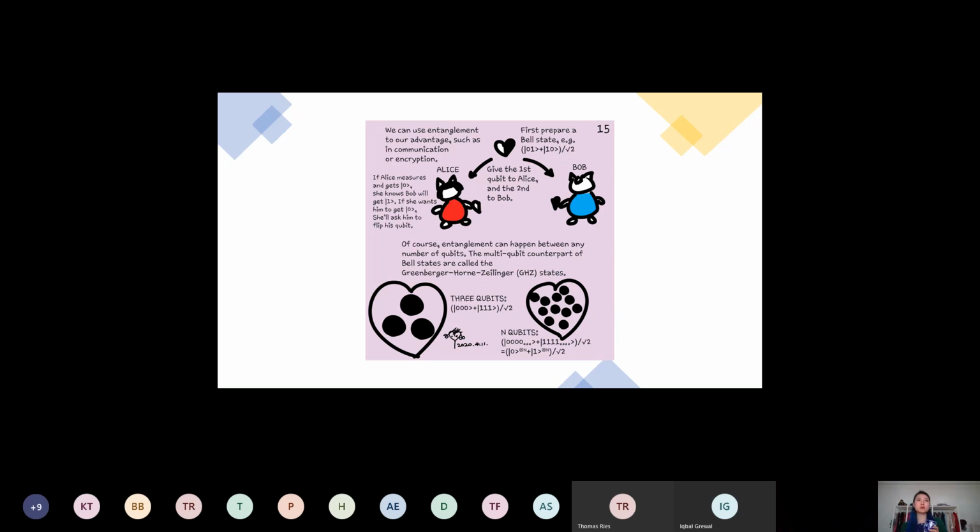If she gets 0, in this case, she knows Bob will get 1. And if she wants Bob to get 0, then she will maybe call him or email him, tell him, hey, do some manipulation to your qubit and you can get 0. So she would know what Bob will get based on her own qubit. Of course, if you can entangle 2 qubits, you can entangle 3, you can entangle an infinite number of qubits.